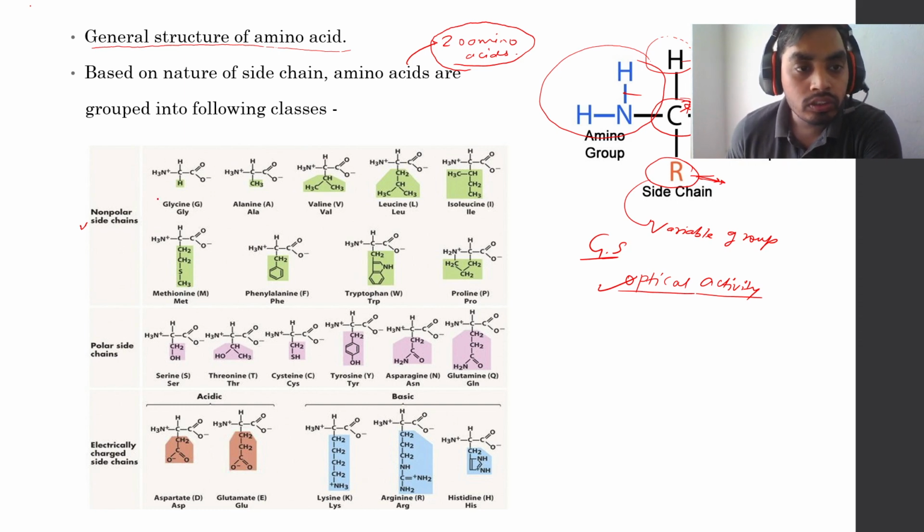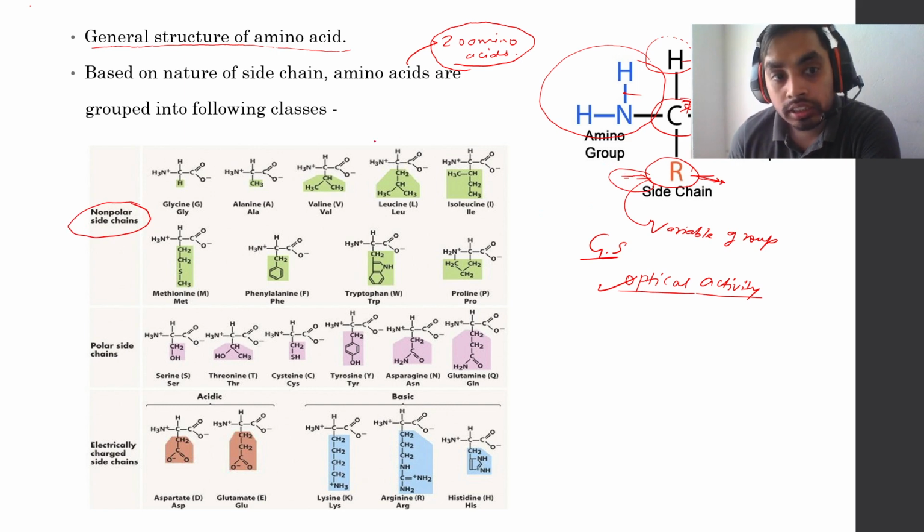So the first basis is non-polar side chain. As I have told you, this R group is different for different amino acids, and based on the nature of this R group, this classification basis is applied.